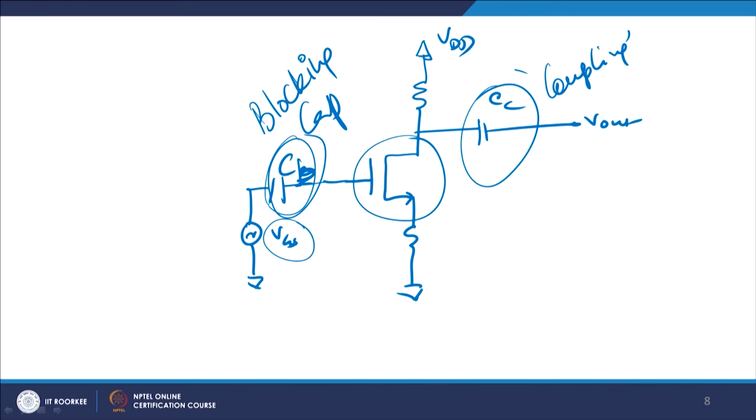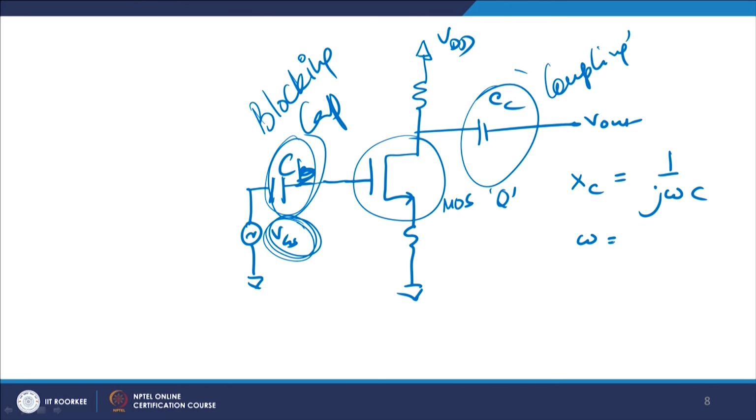Now, that DC component should not change the Q point of this MOS device, right. This MOS device Q point should not be changed by the DC input of this VGS. So, what people do? People put a capacitor here. Once you put a capacitor here, remember the reactive impedance of the capacitor is 1 upon j omega c.